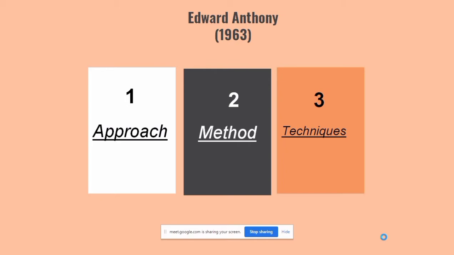Method was described as an overall plan for systematic presentation of language based upon a selected approach. And the third is technique. Technique is where the specific activities manifested in the classroom were consistent with a method and therefore were in harmony with an approach as well.